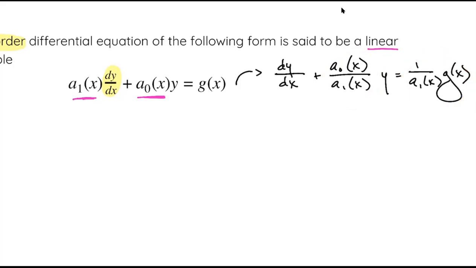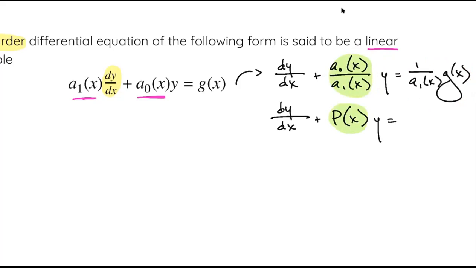And so when we rewrite this, let's call a sub 0 of x over a sub 1 of x, let's call that p of x. Okay, so this p of x is the same thing as what we got when we divided it away.